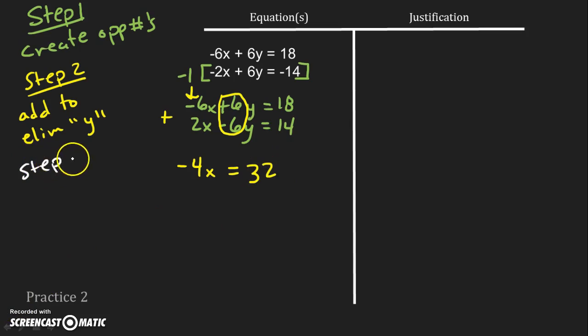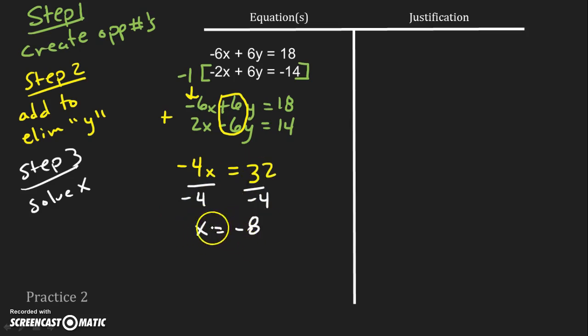Step 3, here we're just going to solve for x. So we'll divide by -4, divide by -4, and what we're left with is x equals -8. Now for the final step, we're going to take what we know about x, and we're going to substitute it and solve for y.